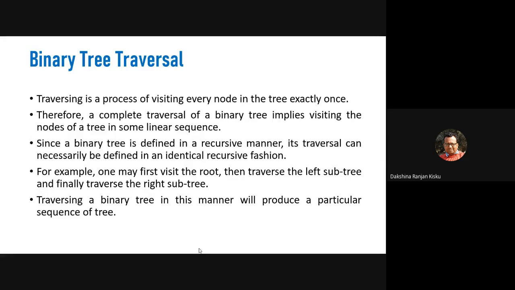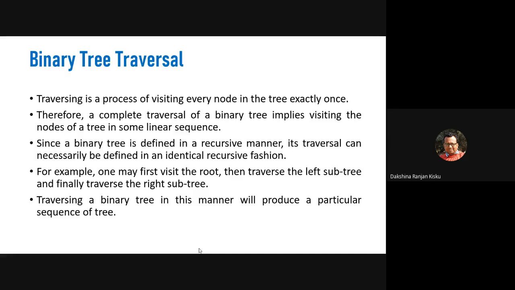A complete traversal of a binary tree implies visiting the nodes of a binary tree in some linear sequence. Whenever we would like to make a complete traversal, we will be visiting the nodes of that tree in some linear sequence. So what kind of linear sequence am I talking about? Let us see.